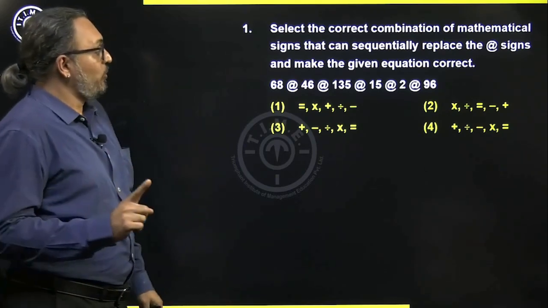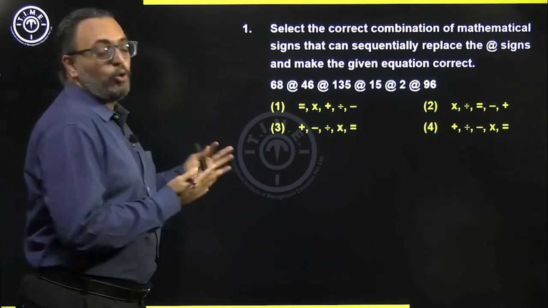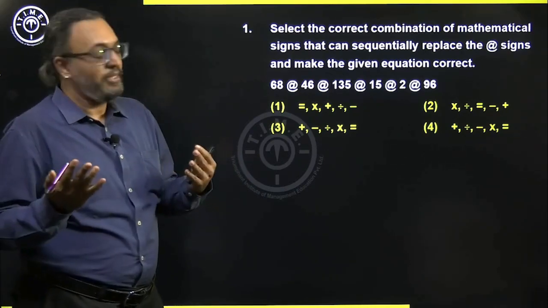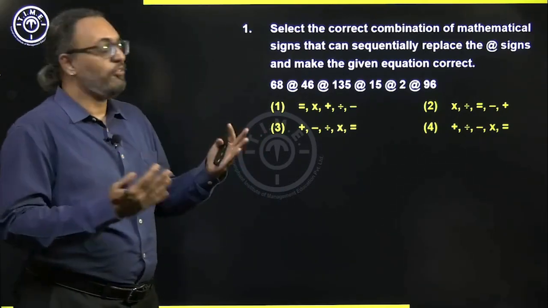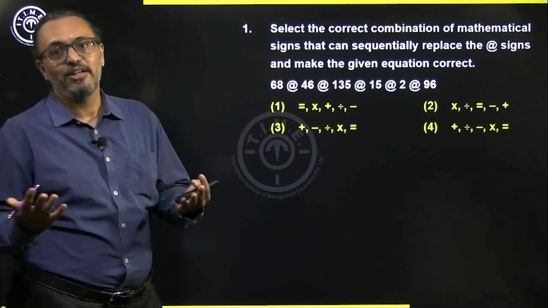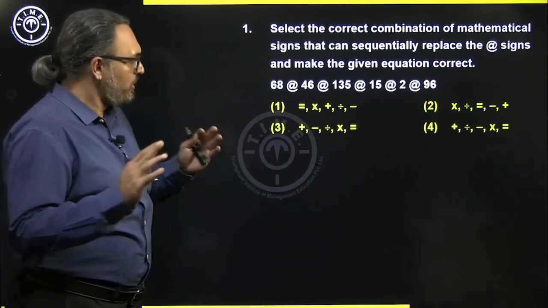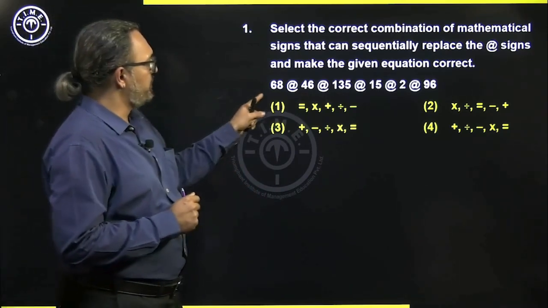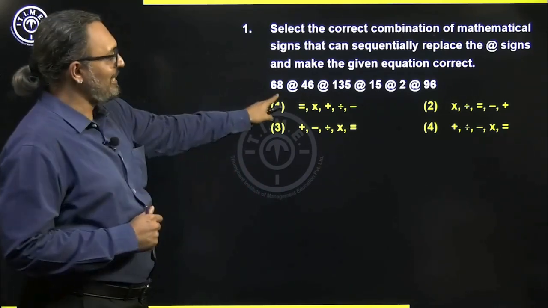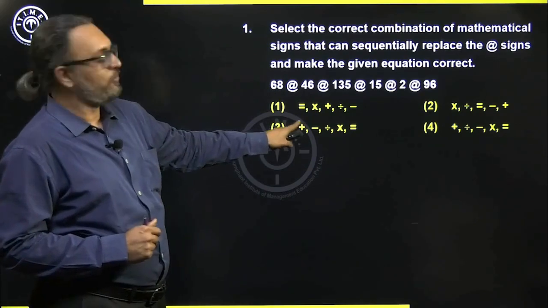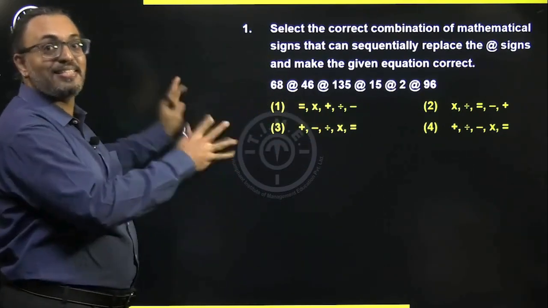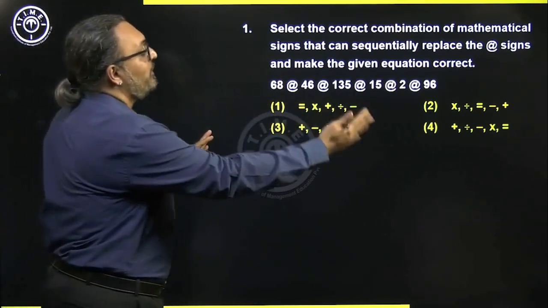Now here you can go option by option, but you can also just work on it slightly faster and get the right option and see which option appropriately fits. So here, the first one you have is 68, then the first sign is equal to. So 68 equal to means the LHS is 68 only. Now what will be the RHS?